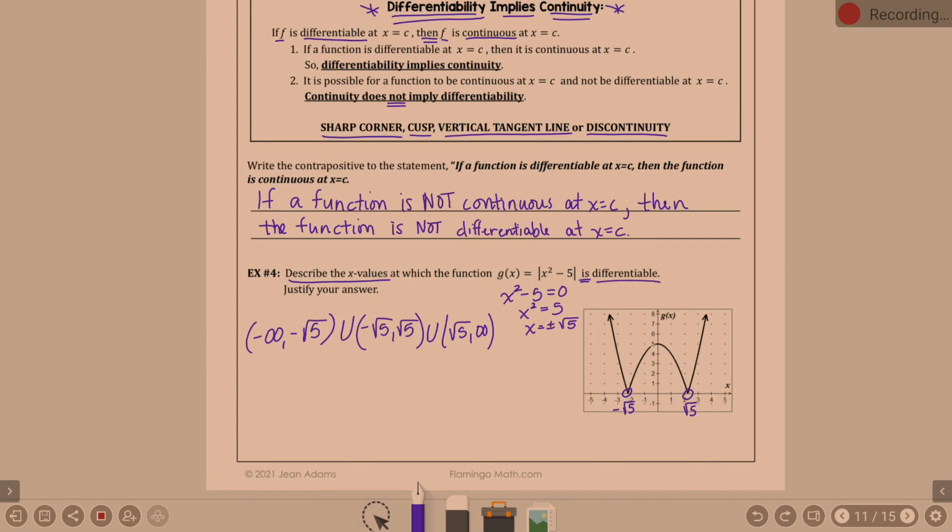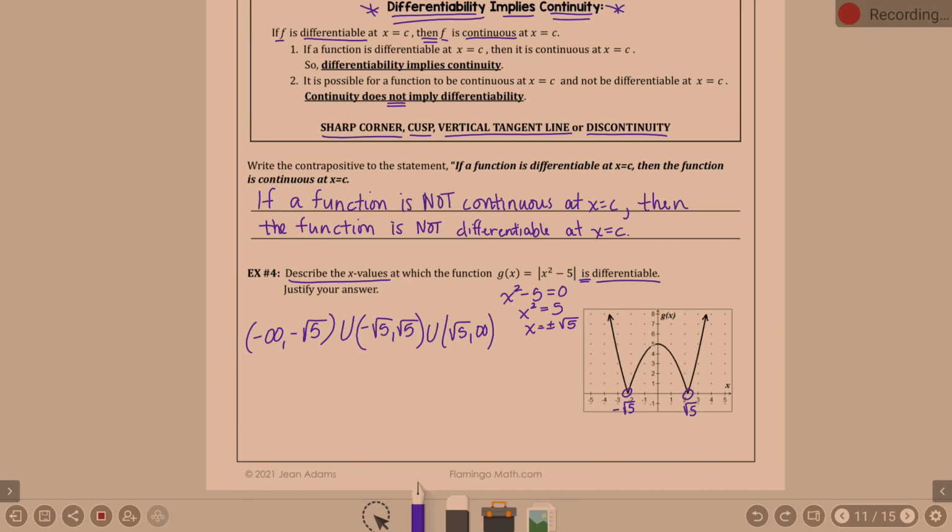Now, justify your answer. Why is it not differentiable at those two places? Because they don't equal each other on the side. Okay. The derivative on the left. Officially, yeah, the derivative from the left would not equal the derivative from the right, yes? The other thing you can use, what kind of points are these? I have it written down as sharp corner or cusp, hard point.